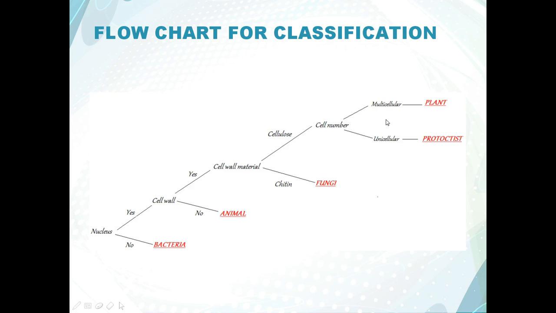Now you know that plants are always multicellular, so if it's multicellular, you can pretty confidently assume that it's a plant. If not, then you can assume that it's a protoctist. So I suggest that you memorize this chart and practice using it for the sake of preparing for your exams or your tests.